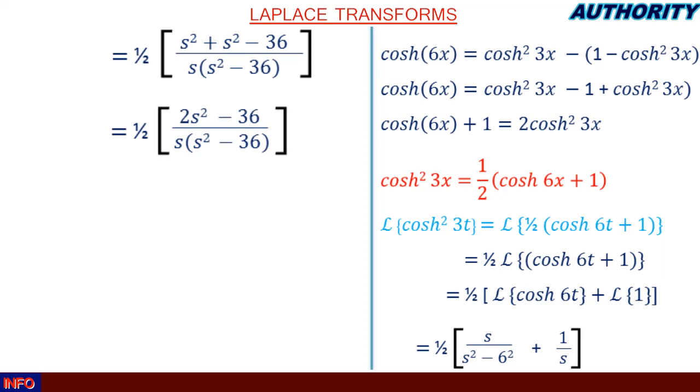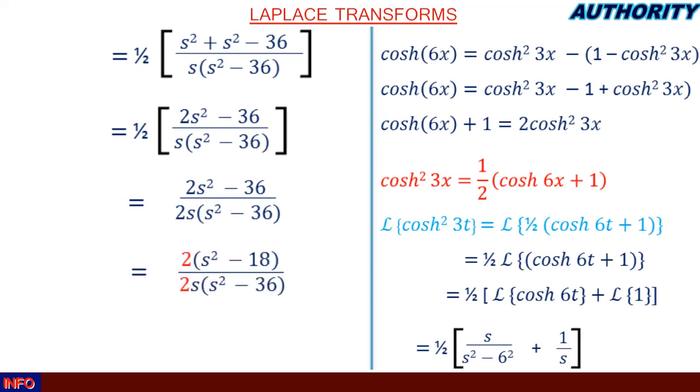Good. Now in this case now, let's multiply with this half. When you multiply with the half, we are going to have 2s squared minus 36 all over 2s(s squared minus 36). Now in the numerator, let's factor out 2. So when you factor out 2 in the numerator, we're going to have 2(s squared minus 18) all over 2s(s squared minus 36). 2 in the numerator and 2 in the denominator, they strike out.